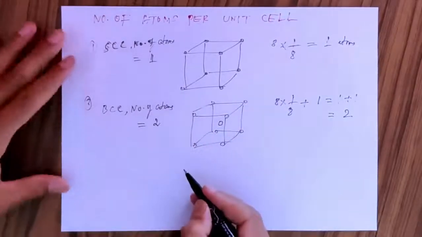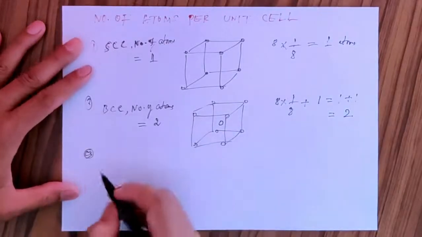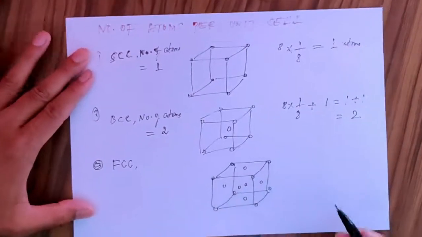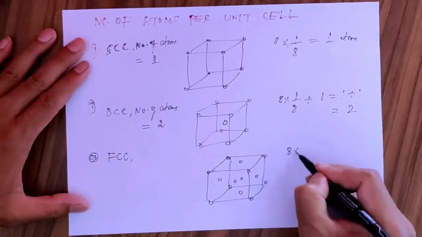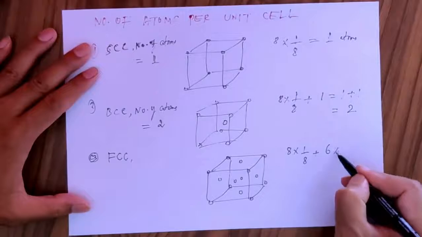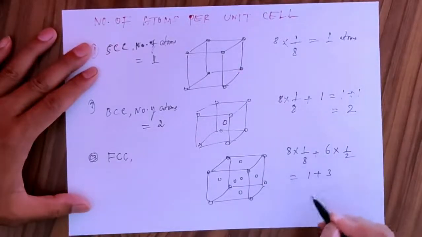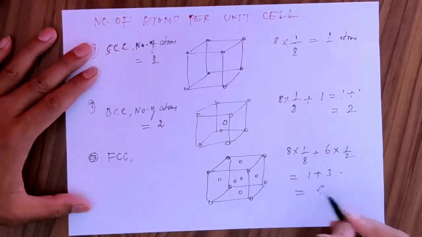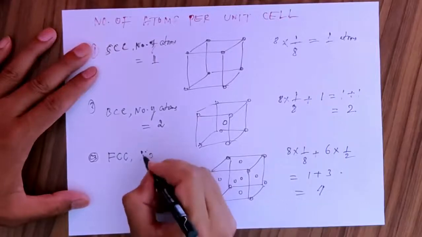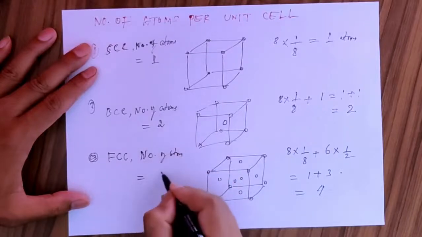Next, FCC. Corners contribute 1, plus the face centers, each with contribution 1 by 2, which gives 3. So in FCC, the number of atoms is 4.